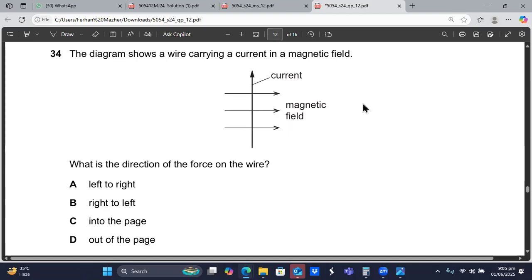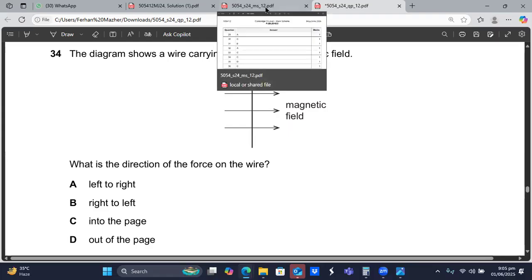We don't know the direction of the force. When I use my left hand, my thumb is pointing into the screen. That means the force should be into the screen. So you see, we are using the left hand rule. The thumb is showing the direction of the force. So I think C is the option.